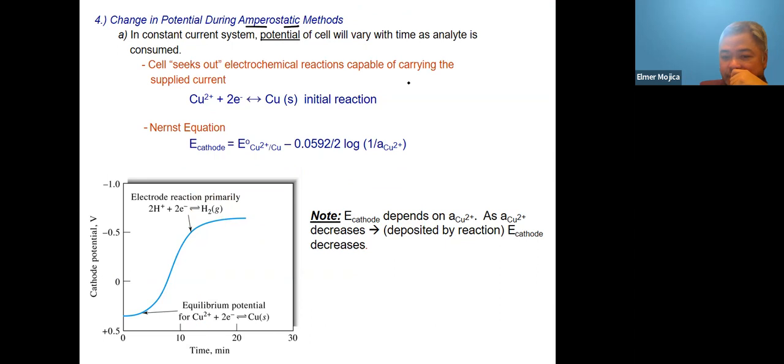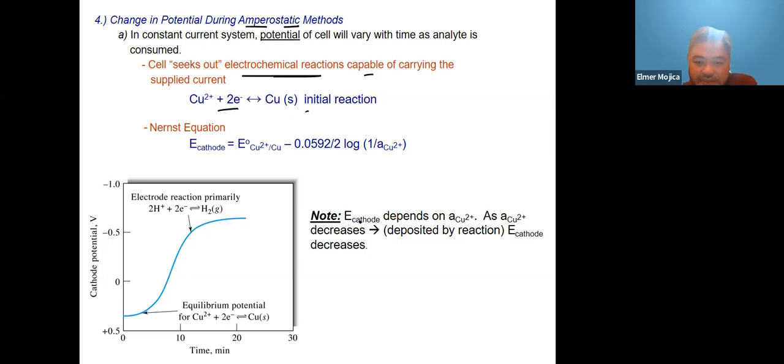Okay. So what happens here, the cell seeks out the electrochemical reaction capable of carrying the supplied current. So let's say ito yung initial reaction mo, but when we have the Nernst equation, the Nernst equation usually depends on the activity or the concentration of the ions that are involved. Okay? So, ang mangyayari niyan, pwedeng maapektuhan yung reading mo.